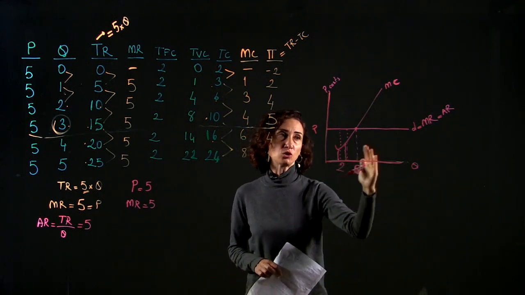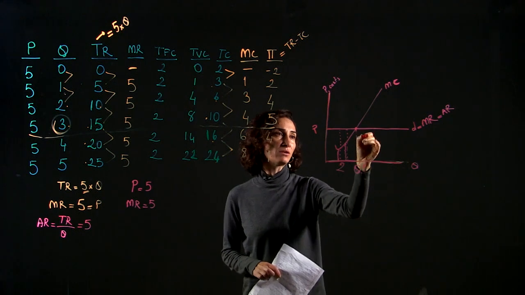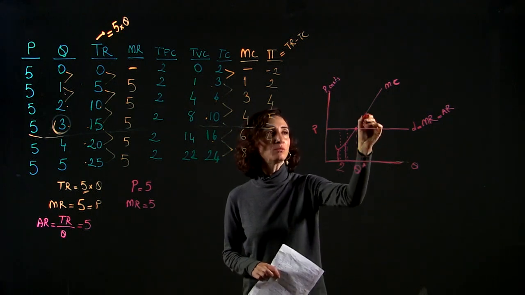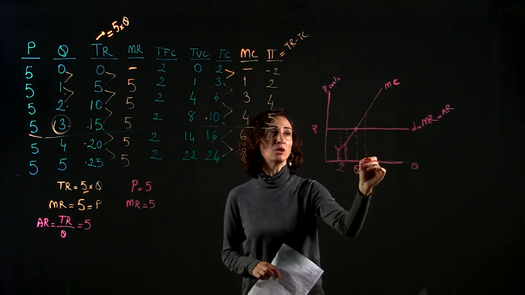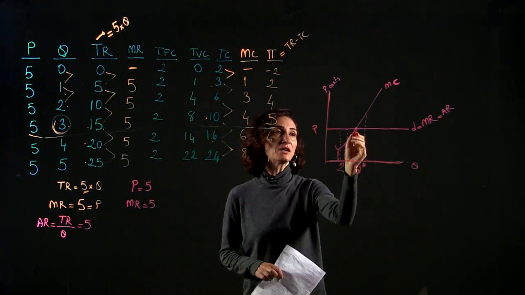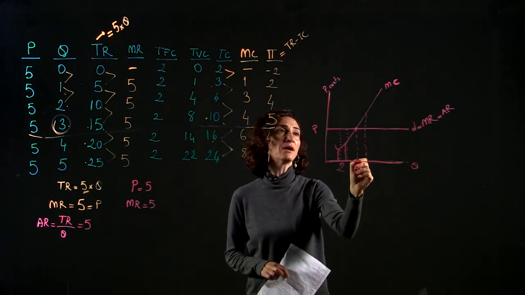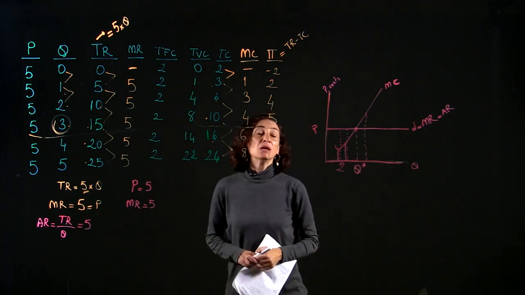Any point to the right of this, if you go here, you don't produce here because marginal cost is more than marginal revenue. This will reduce my profit, right? So I stop here. This is my profit maximizing quantity, okay?